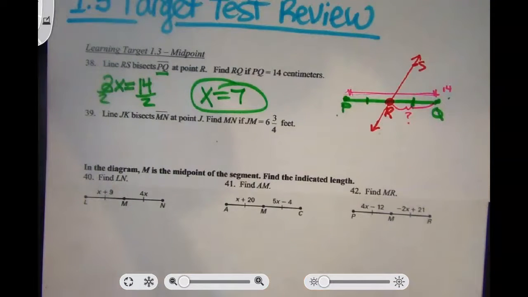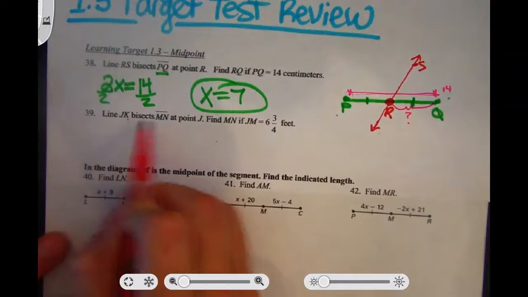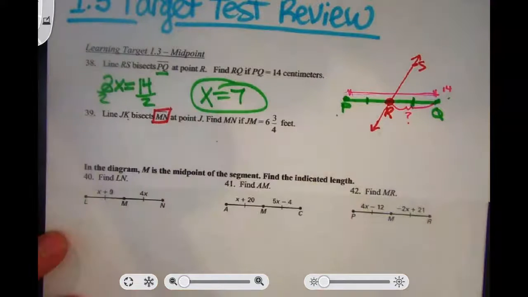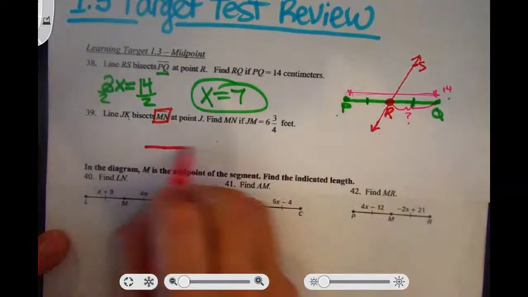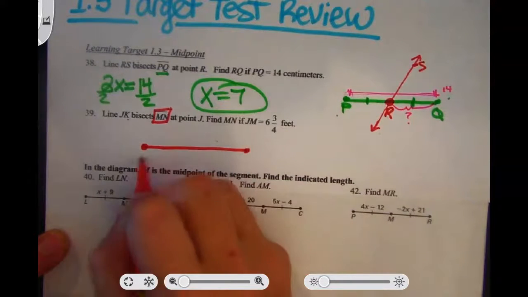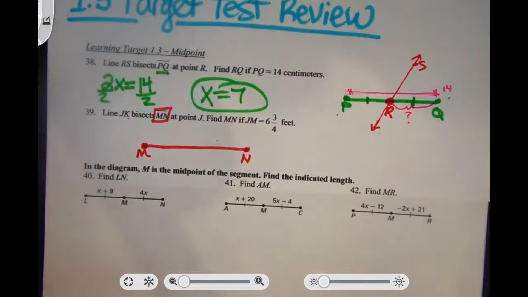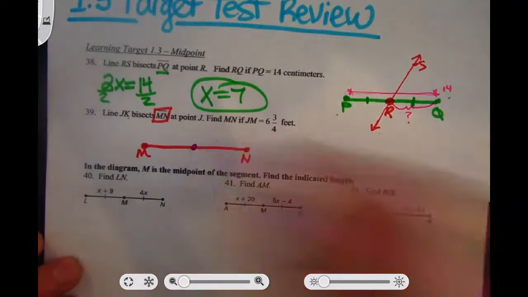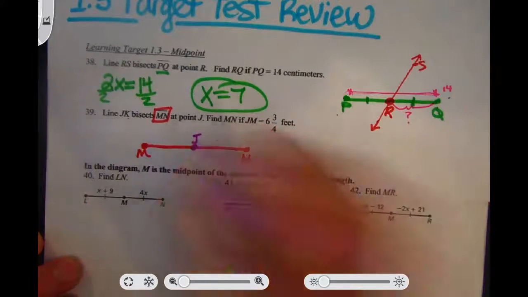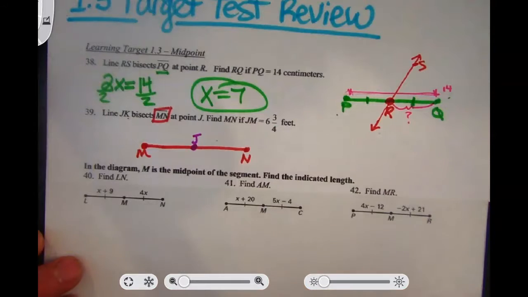All right, let's look at 39. It's very similar. So I'm going to get you started by doing the drawing, and then I'm going to see what you can do. So it says line JK bisects, here's our segment, MN. So again, I like to put our segment first, M and then N, that's the whole thing, and it bisects at J. So I'm going to put the middle here, which is J. I'm not going to measure to make sure, they're just going to look like they're the same.